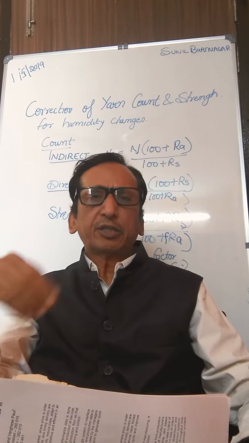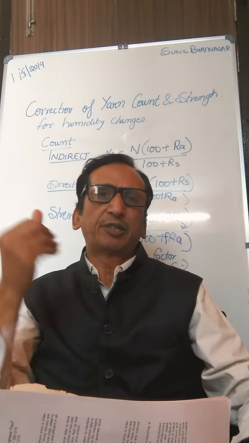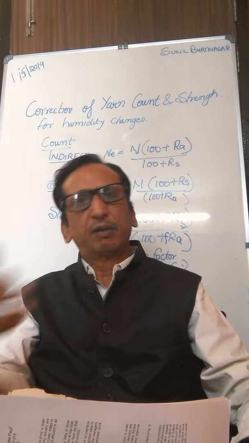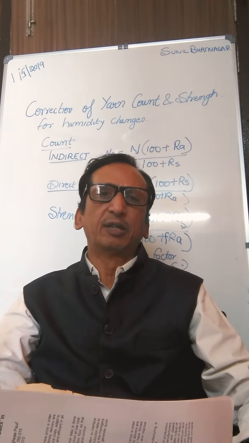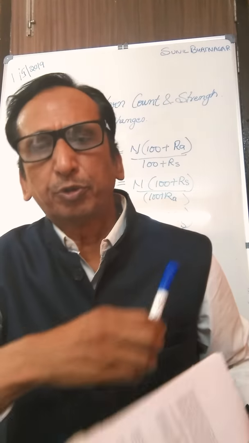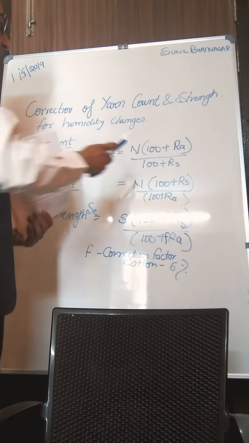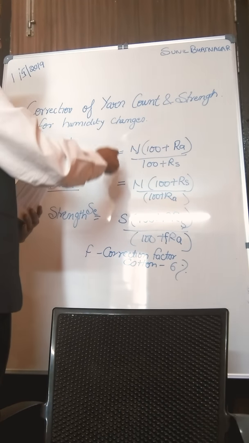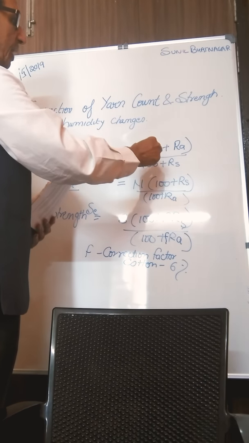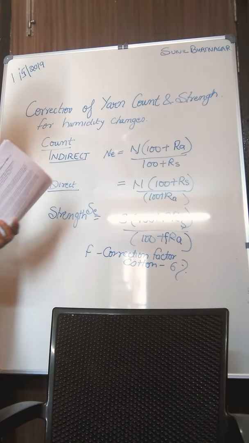So I will discuss with an example why the correction factor is necessary and how it is used in research papers, in practical life, in the industry. Now, come to the board. For the indirect count, the corrected count is equal to the actual count times (100 plus actual regain) divided by (100 plus standard regain).